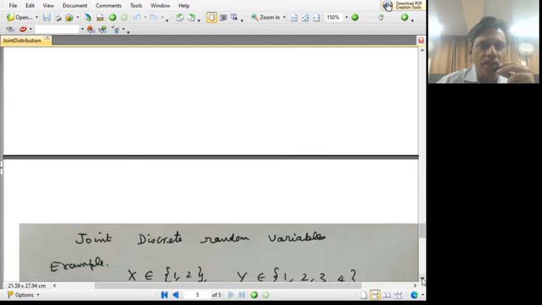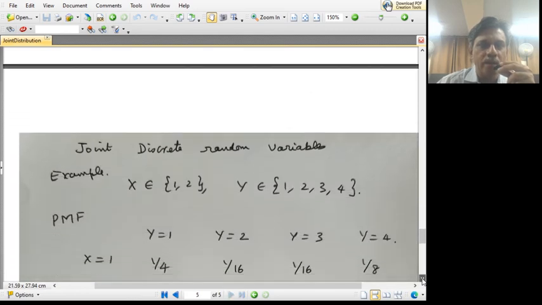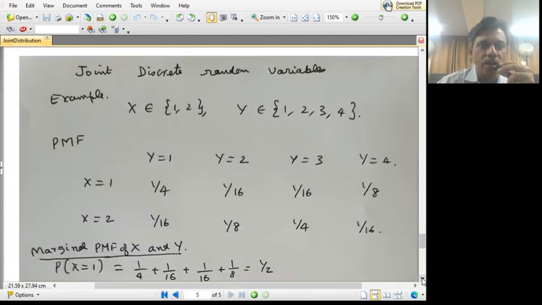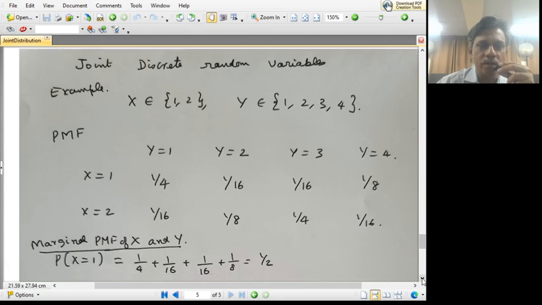Now we have so far seen how the joint density function of continuous valued random variables, two random variables, can be defined and handled. Now let us look at the joint discrete random variable. One example: let us assume that there are two random variables X and Y. X may correspond to tossing of a coin resulting in a random variable taking values 1, 2.